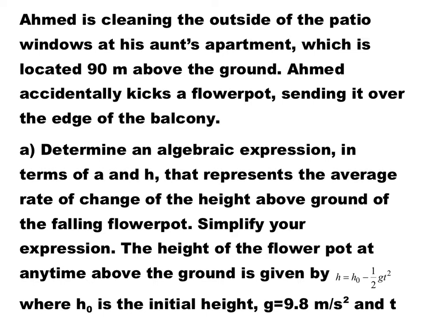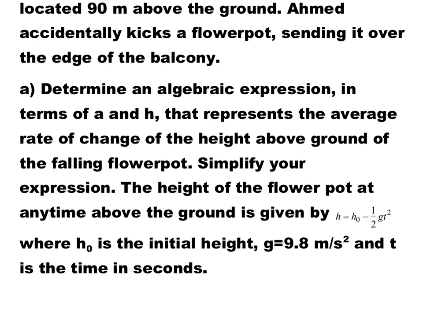We are supposed to find an algebraic expression in terms of a and h that represents the average rate of change of height above the ground, if we know that the height of the flower pot at any moment of time follows this equation. But remember that h0 is 90 meters and g is 9.8 meters per square second, and t is time in seconds.